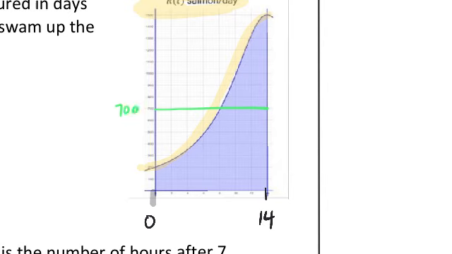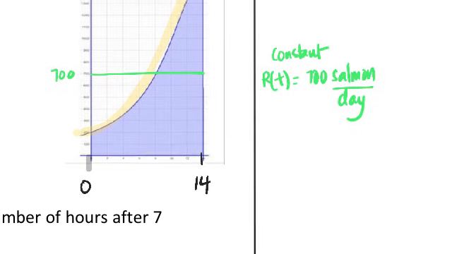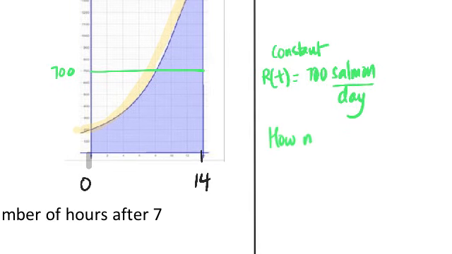Say there was a flat line here at 700. That would be saying that I had a constant R of t of 700 salmon swimming up this river per day. And if I had that and I asked you how many salmon swim up the river, find the quantity in 14 days, then you would be able to do that very easily.